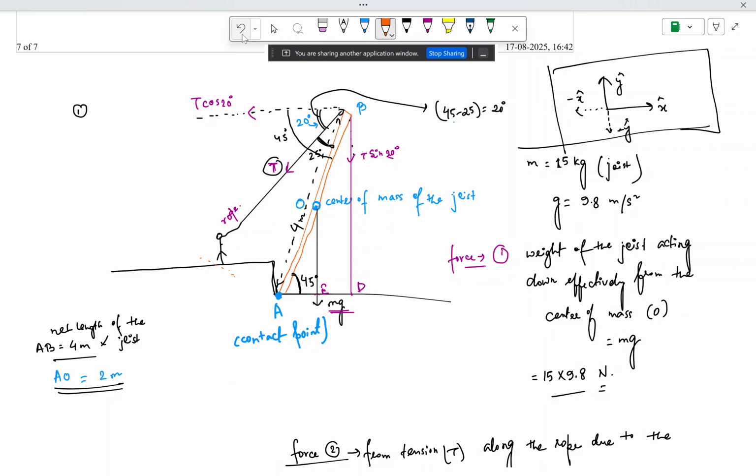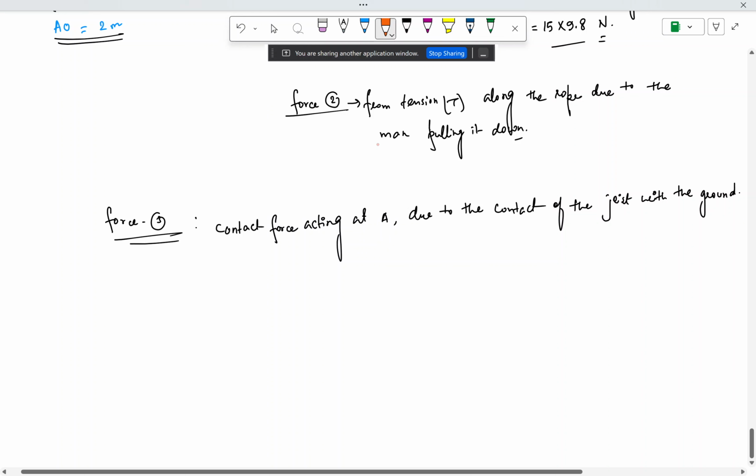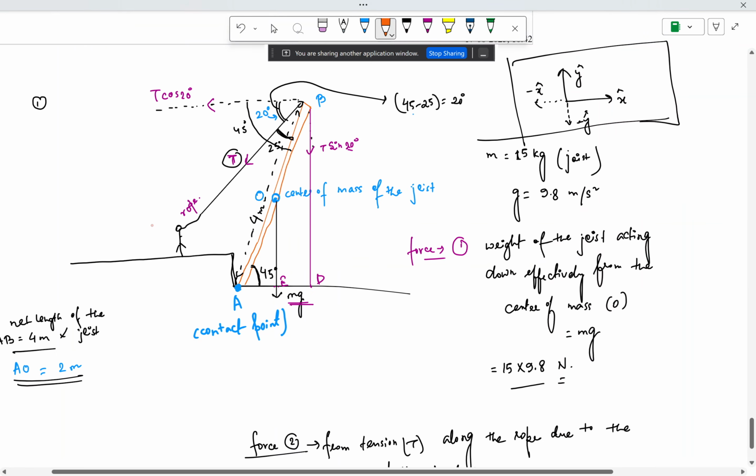Sorry, I think I wiped out a bit more than I should have, but anyway, so this contact force I was trying to draw will look like this.